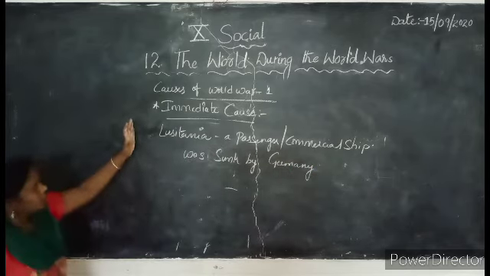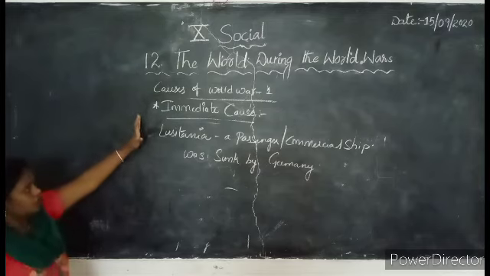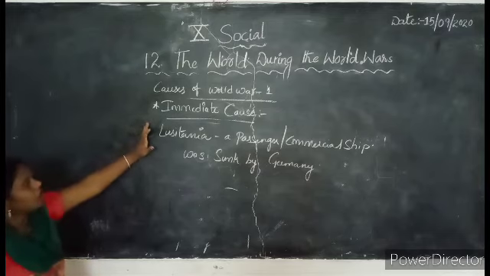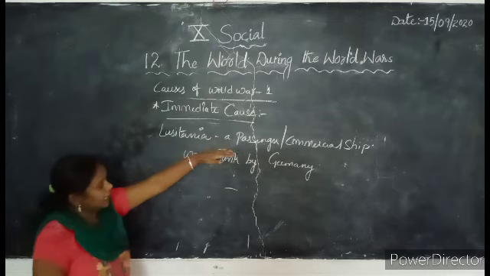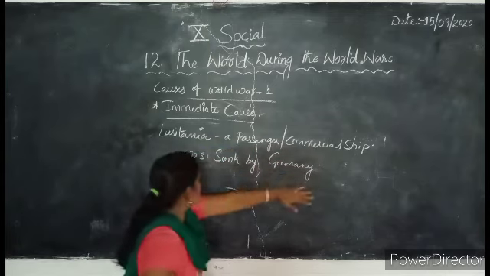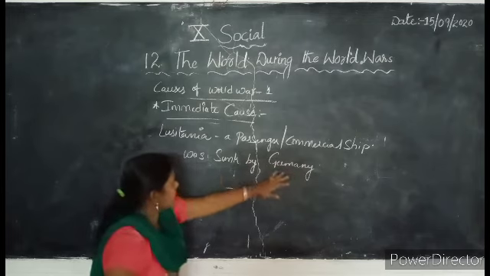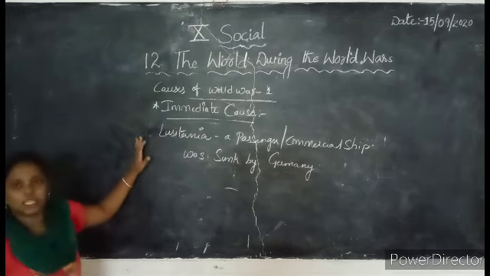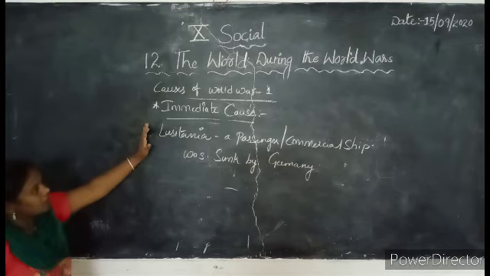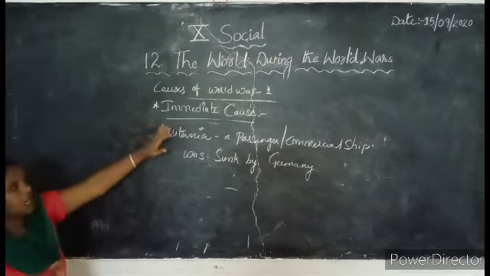So this ship belonged to Great Britain. When the Lusitania ship, a passenger and commercial ship, was sunk by Germany, in order to take revenge, the USA joined the Allied powers.